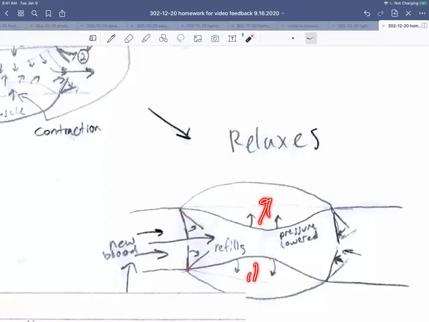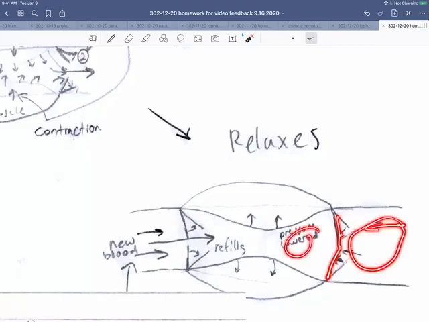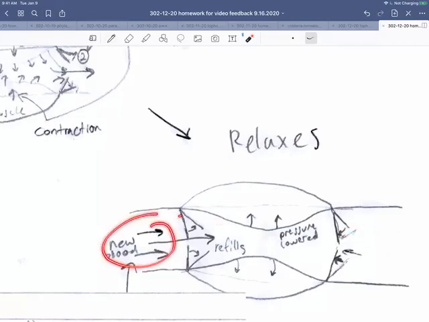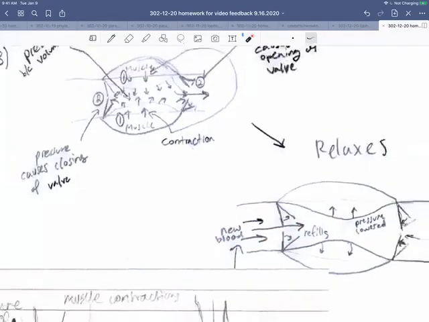Or if this is elastic recoil, you get a partial vacuum when the pressure is lowered. When this is relaxing, back pressure from the blood that was just pumped out pushes these valves closed, because this is higher pressure from the blood just pumped in, and this is lower pressure. The valves get closed so the blood can't go back, but the lower pressure in or the higher pressure outside forces these valves open and blood refills, and then we contract again.